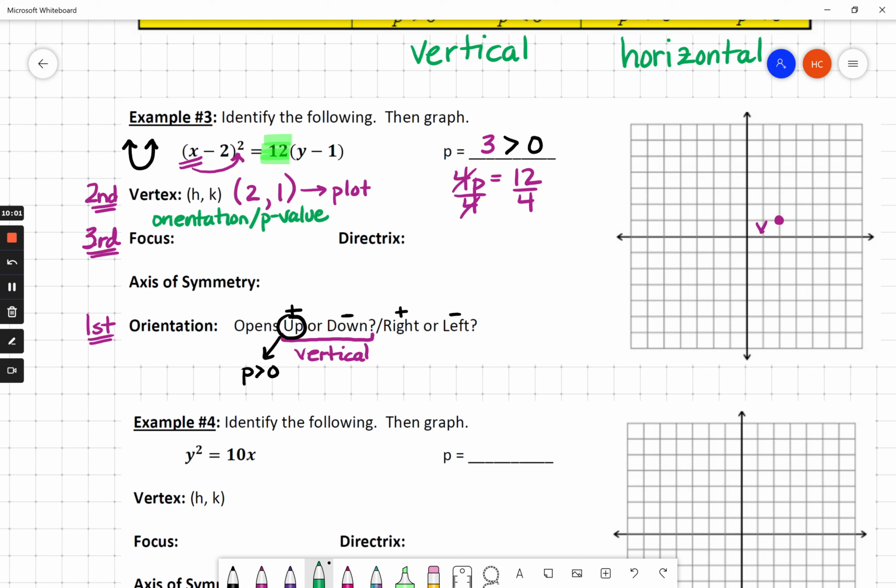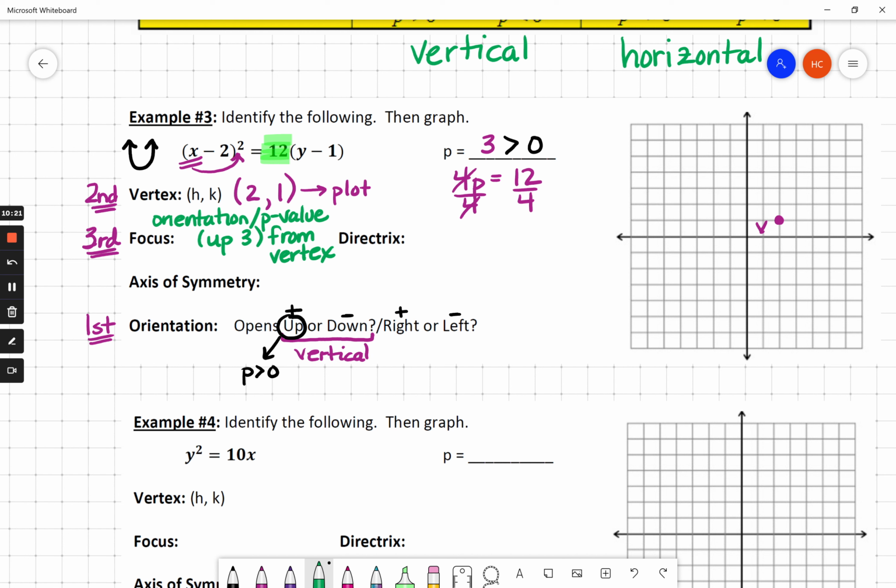Okay, so you're going to see what p-value means here. Our orientation was the word up, and the p-value was 3. So I am going to go up 3. Where? Always from your vertex, okay? You're always going to do it from your vertex.